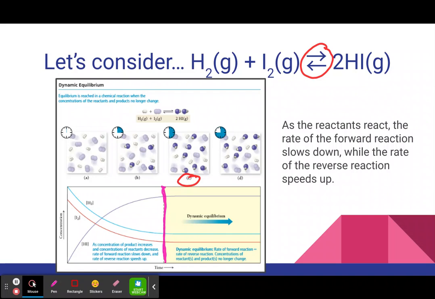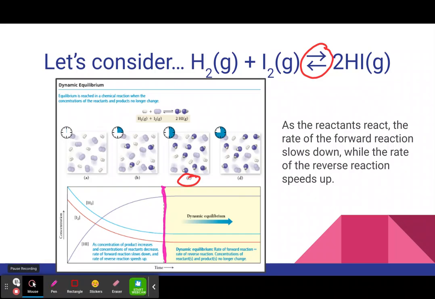In this case, the forward reaction would be H2 reacting with I2. And the reverse reaction is when two molecules of HI react with each other, reproducing the reactants. That's how we would interpret this graph here.